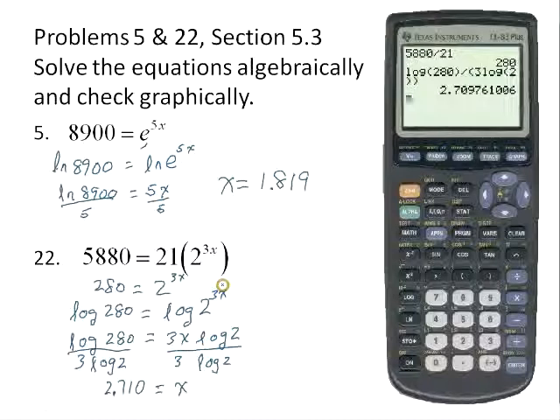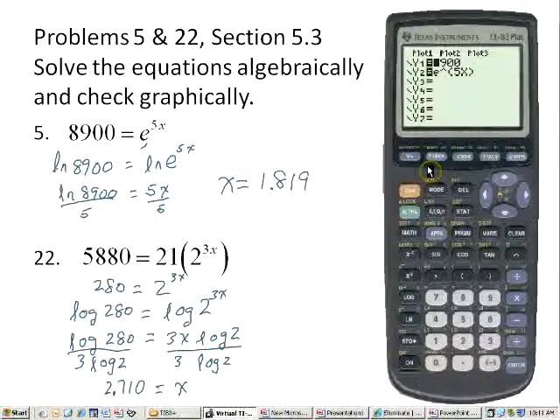I did not check this one. Let me do that again. So if I needed to check this algebraically, let's change that to the 5,880. I got the wrong number in here. I need to get my 8 in there. I think that's correct. And the second one, let me clear that out.